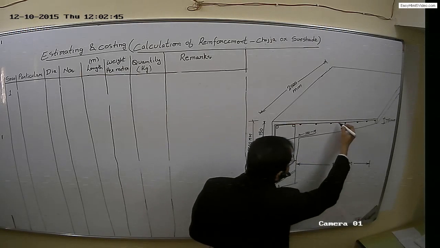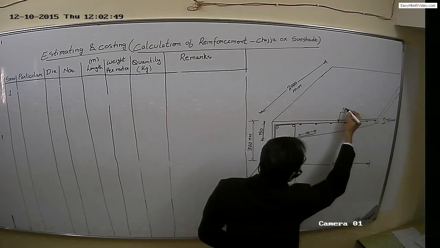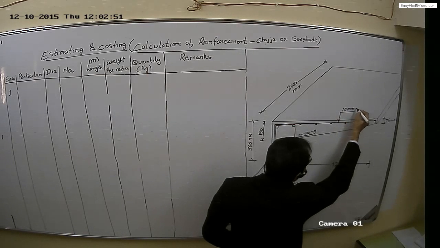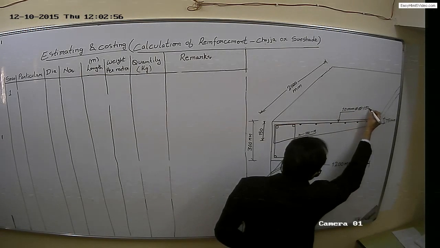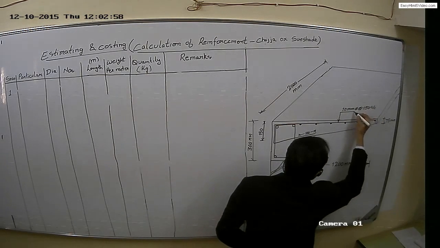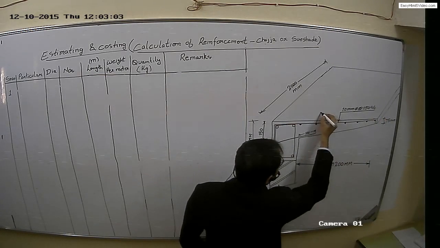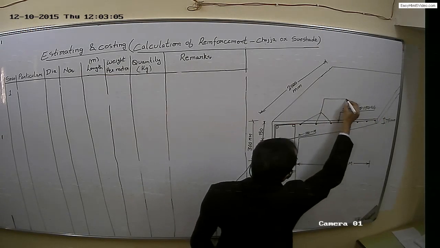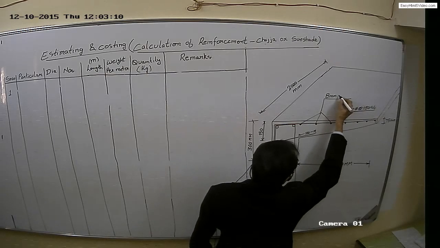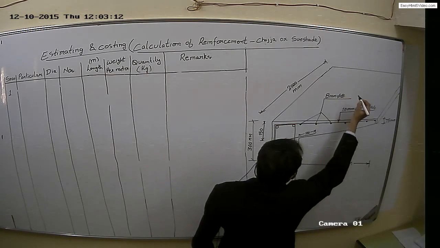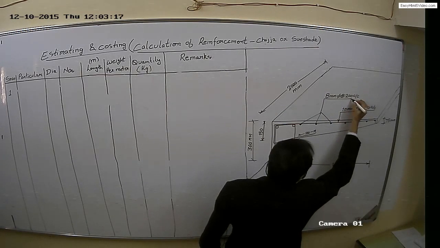The main reinforcement I am assuming as 10 mm dia at 150 center to center, and the distribution steel which I am taking as 8 mm dia at 200 center to center.